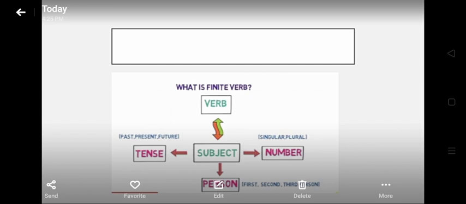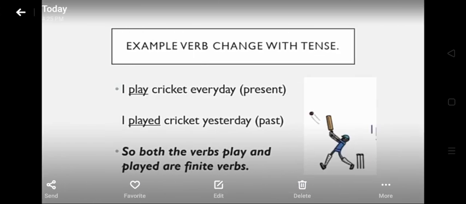Now let us understand each of these three parameters with the help of an example each. The first example is a verb that changes as per tense. You know the meaning of tense, right? Here in the first example we have, I play cricket every day. The second one, I played cricket yesterday. In these two sentences, we have the verbs play and played.